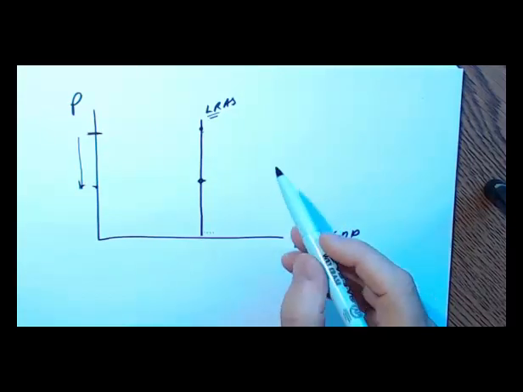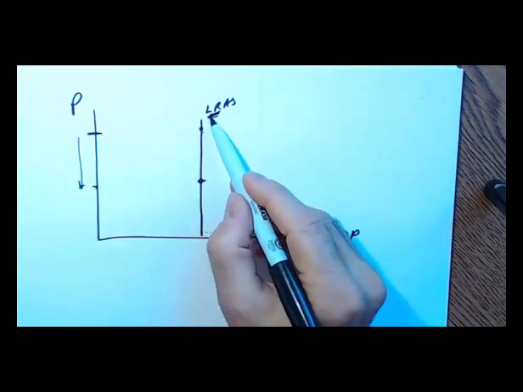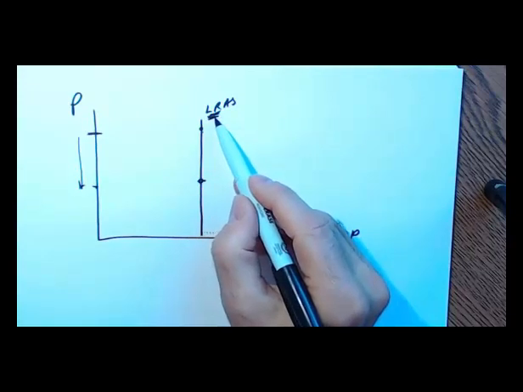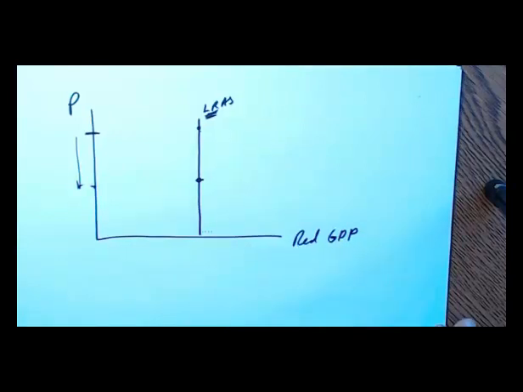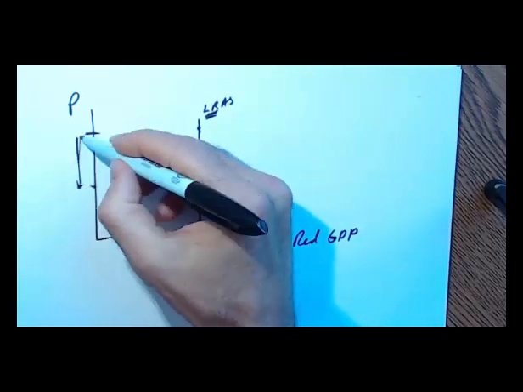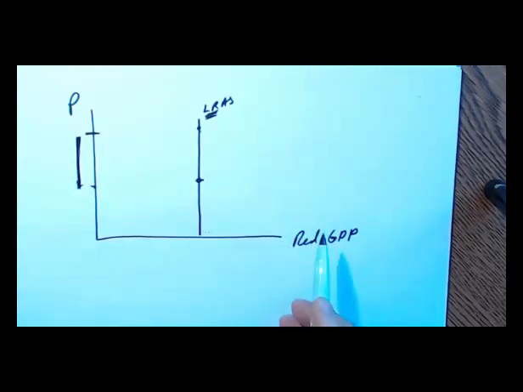The long run aggregate supply curve is when all prices, commodity prices, the price of labor, which is wages, and final goods and service prices, are flexible. If all prices are flexible, you're not going to have any change in real GDP if prices go up or down. It's just not going to happen.